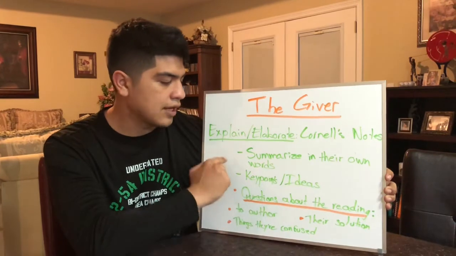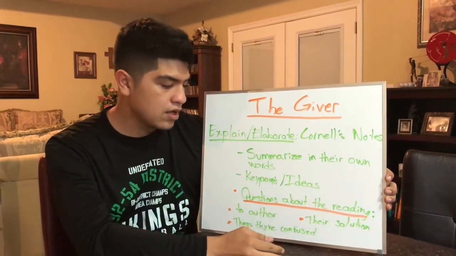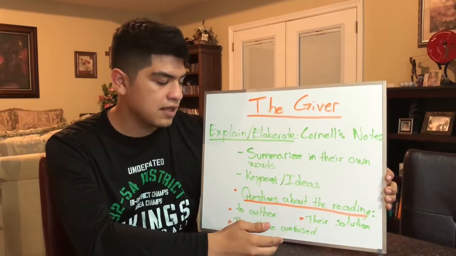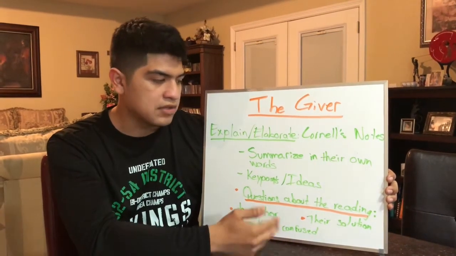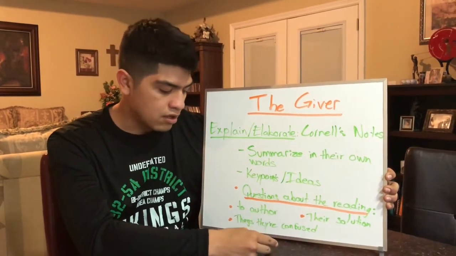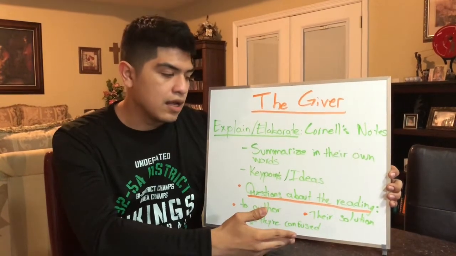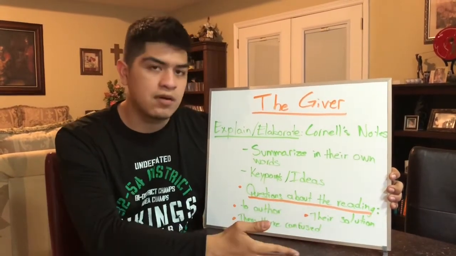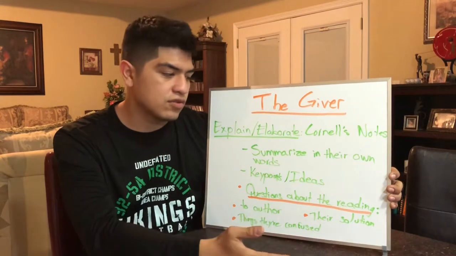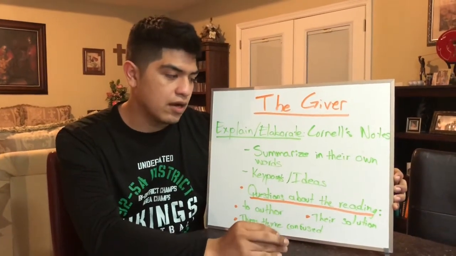I would ask them to summarize in their own words the chapters that they go through, key points or ideas that they find throughout the readings, and questions about the readings. These could be questions directed to the author or things that they're confused about. Or maybe they found a problem and they think of a solution that can solve it. They can actually just write it.